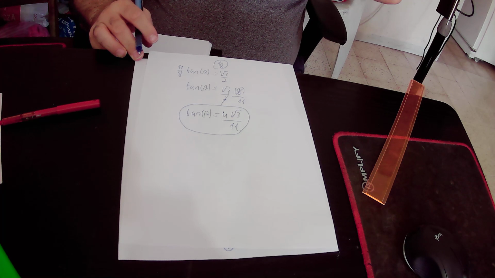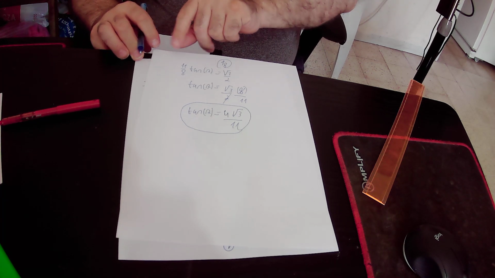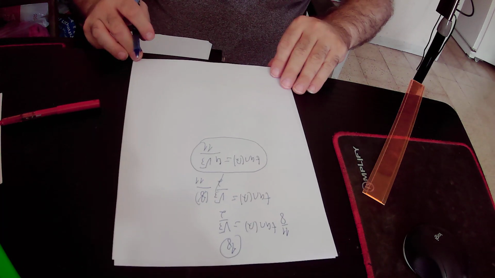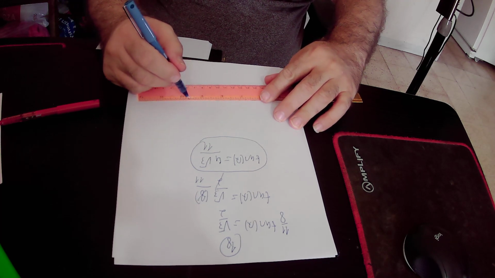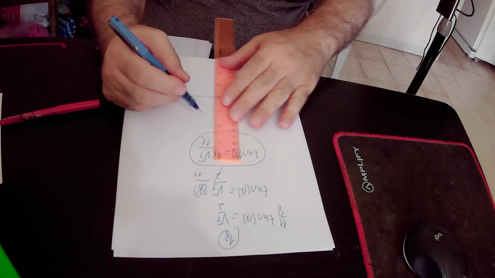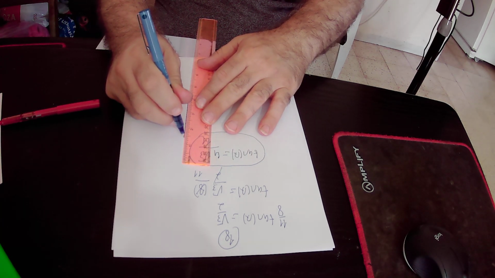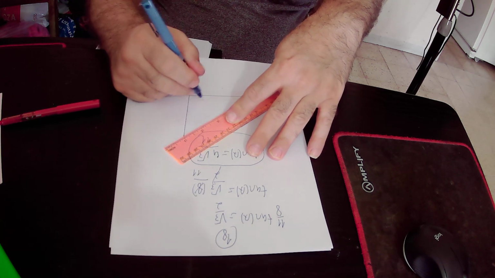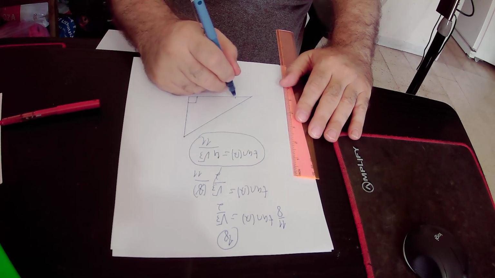So actually tangent q is the relationship between the sides of a right triangle. So this expression states that if we have a right triangle, this angle equals 90 degrees, and this angle is q.